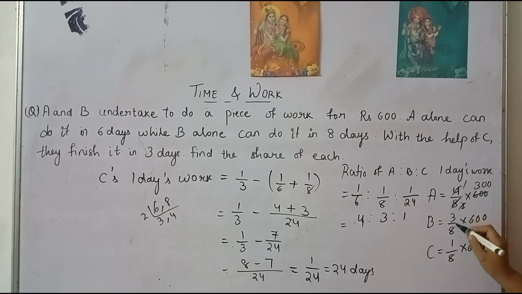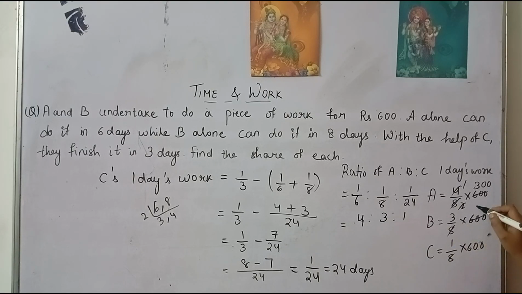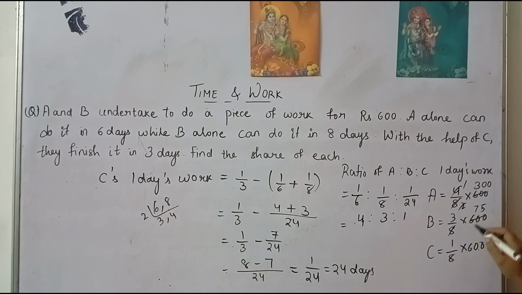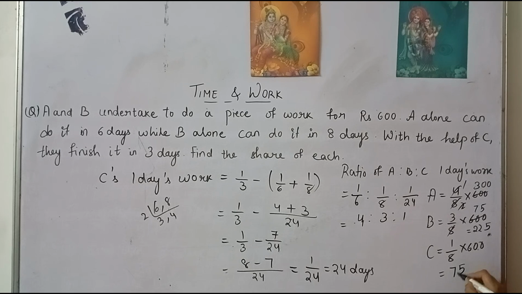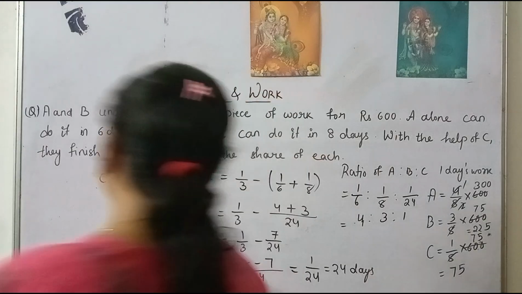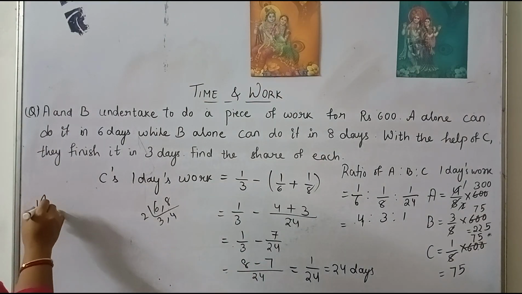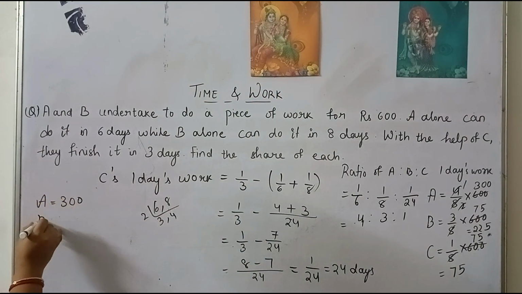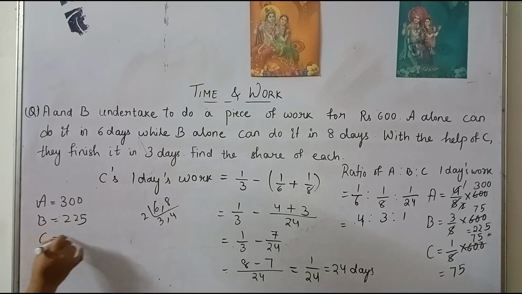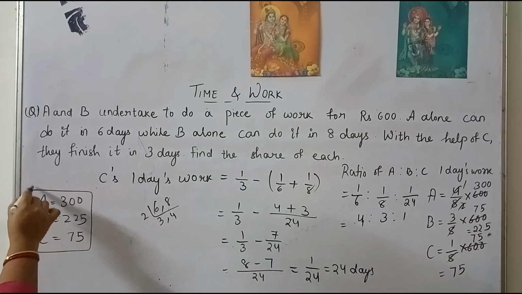So A will get 300 and B will get 8 sevens are 56, so he will get how much? 225 and C will get 75. Clear? We got the share of A, B and C. So A gets 300, B gets 225, C gets 75. This is our final answer. Is it clear to all?